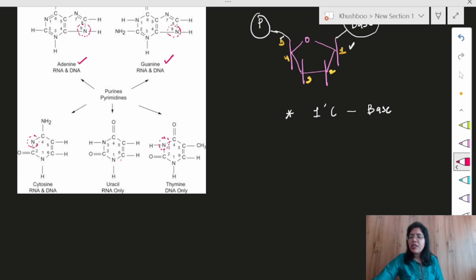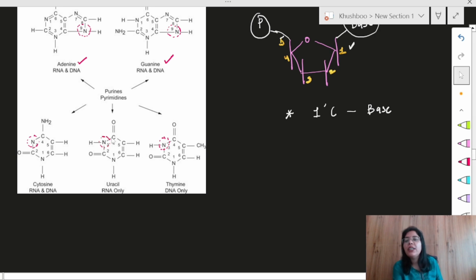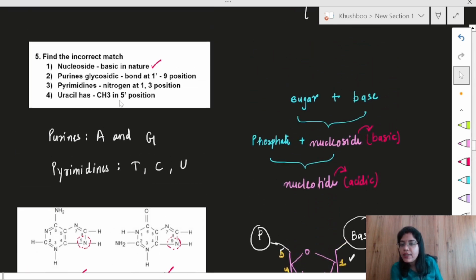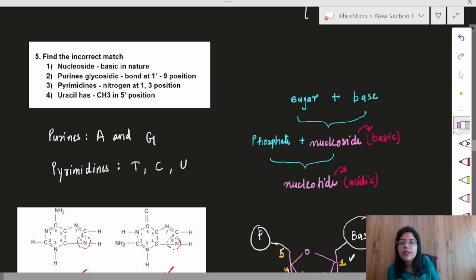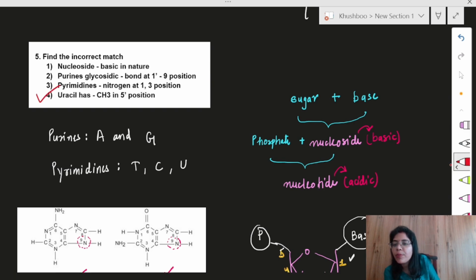Okay, it can be uracil in some cases, but normally it will not base pair anywhere. It will base pair in RNA only, not in DNA, right? So that is the condition here. Then if you check this, it means that these three statements are correct only, right? Then what's the answer? The question is asking what is wrong. So you got the wrong answer, right? The wrong answer is option number 4. This statement is an NCERT statement.